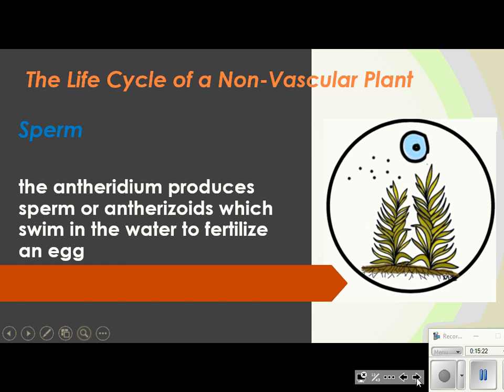So, if you know anything, usually when we're talking about egg and sperm, the egg is much, much bigger in size than what the sperm is.